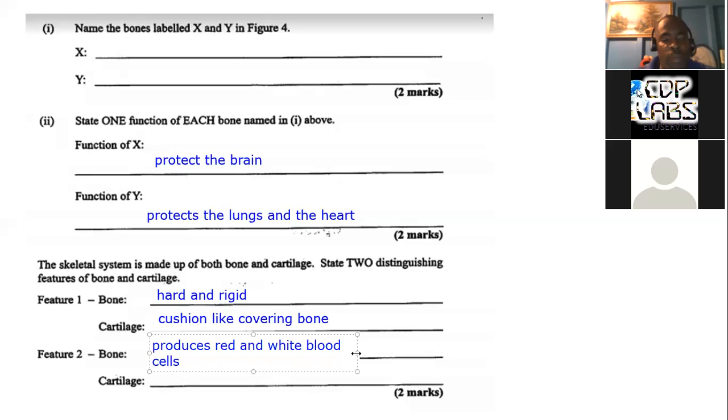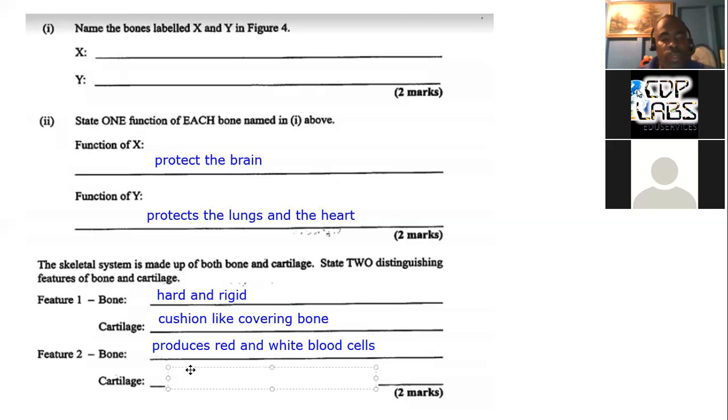What about cartilage now? It can stretch a little. You can stretch a little, okay. And the bone cannot stretch. Alright, fine. So I could say that the cartilage does what? Reduces friction in terms of function.